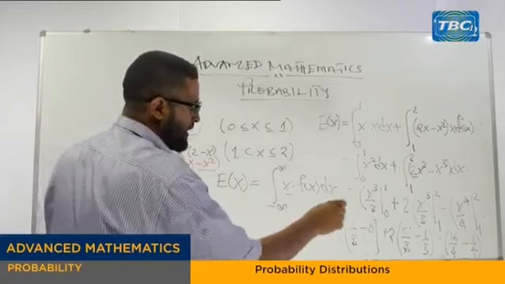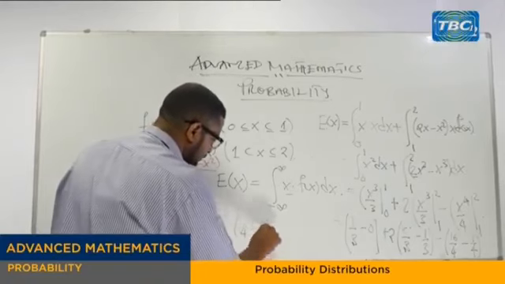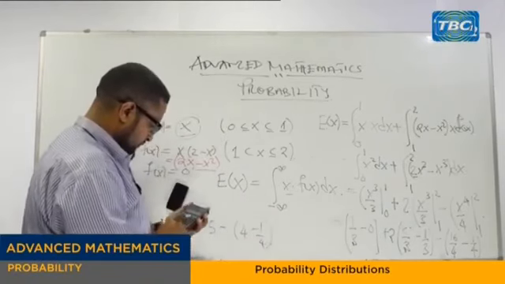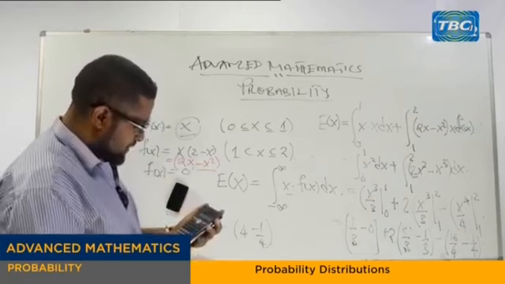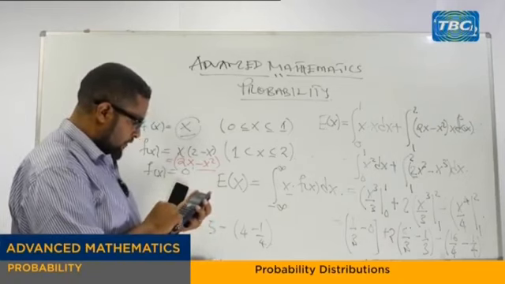Now 5 minus 4 minus 1 over 4. Then again, continue using your calculator. 4 minus 1 over 4.